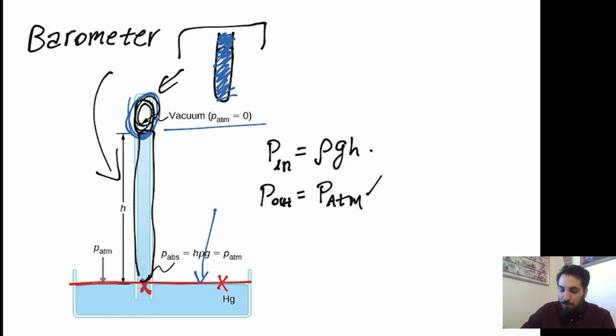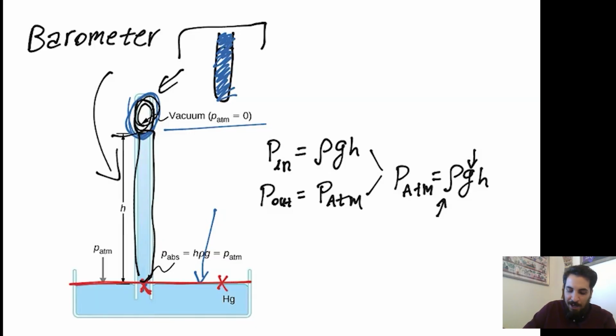And since those two pressures must be equal, our barometer will give us the atmospheric pressure equal to rho G times H, the height that this tube is filled up to in the atmosphere. And if we choose mercury, rho is going to be a constant. We can look it up. G is 9.8. That means that the height level of our mercury will tell us the pressure.